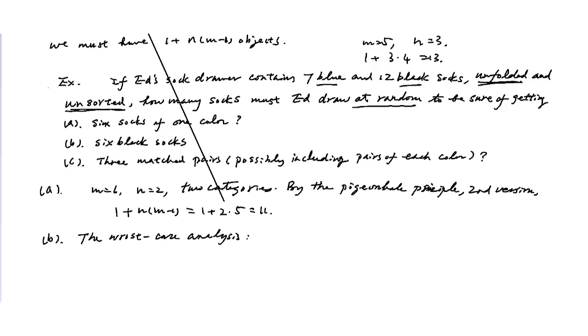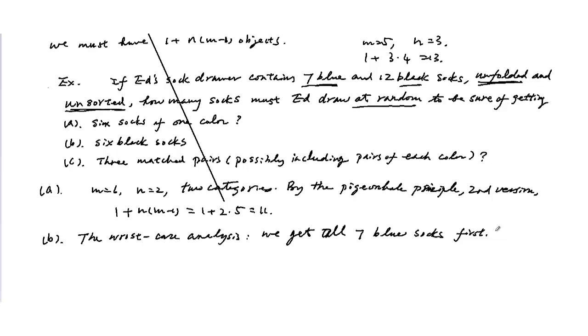We could draw all black socks before we get a blue. So the worst case is we get all the black socks first, and after that we will get blue socks.